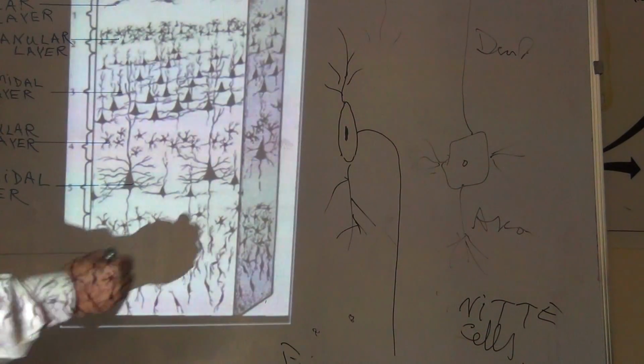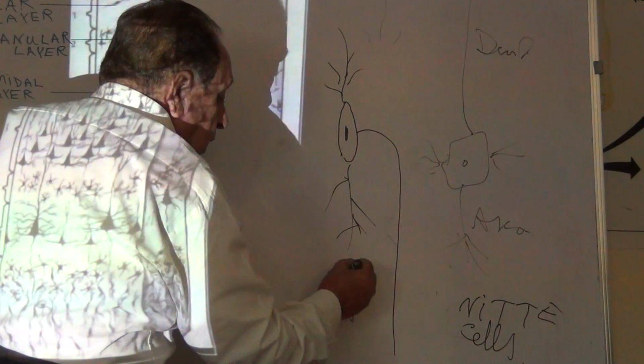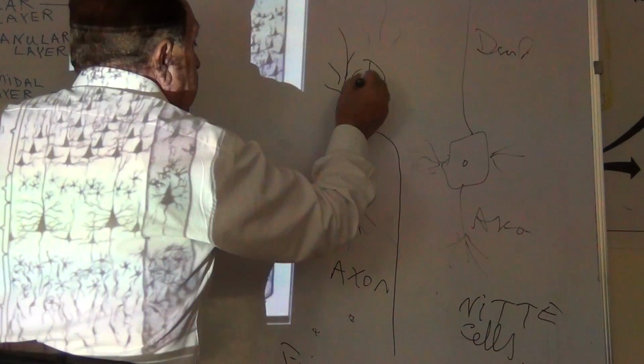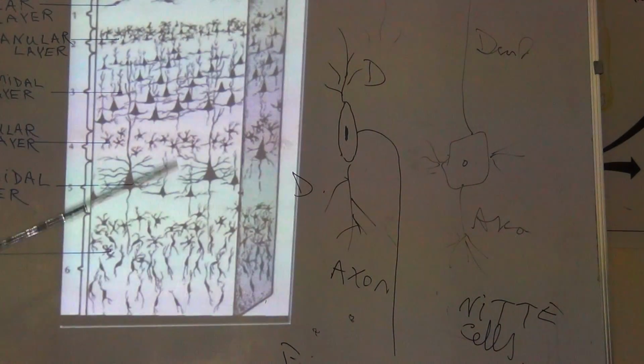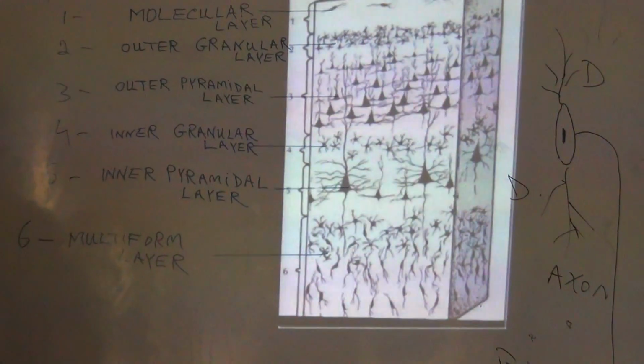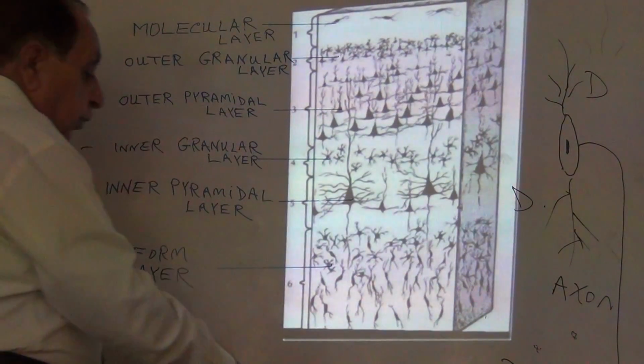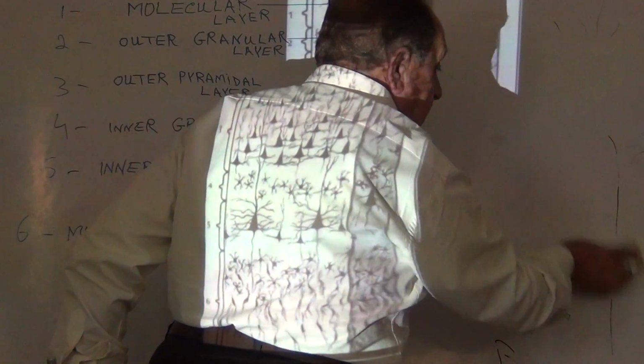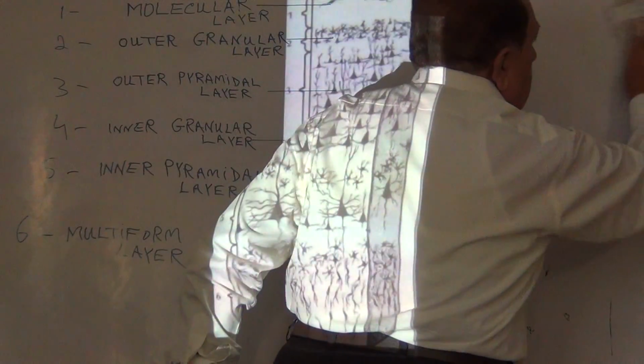These are the dendrites from both apical portions. Now this was about the grey matter of the cerebrum.